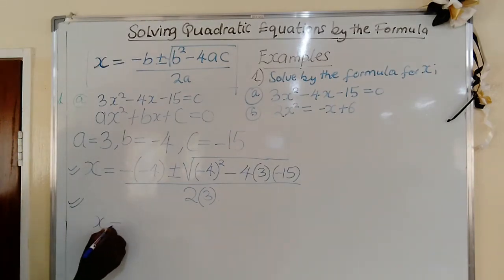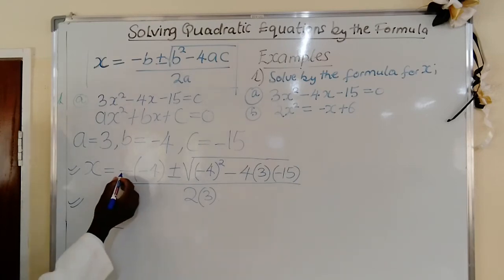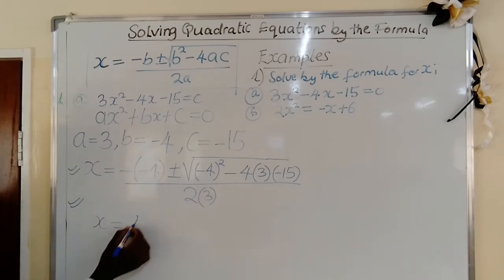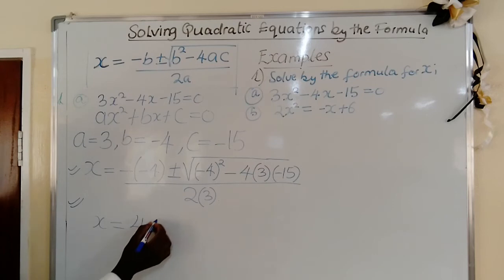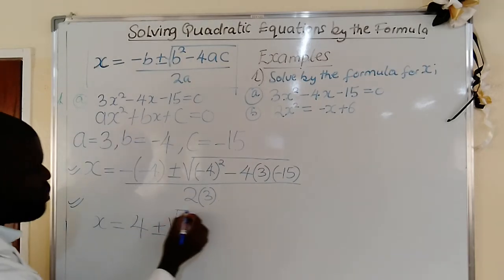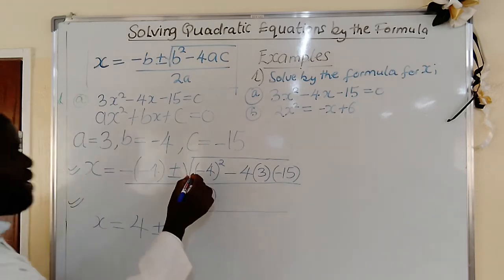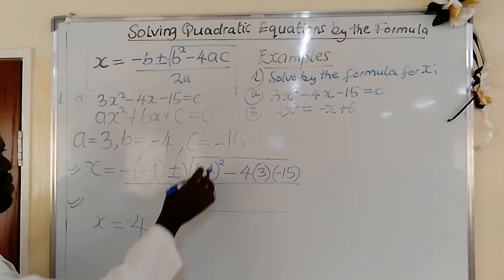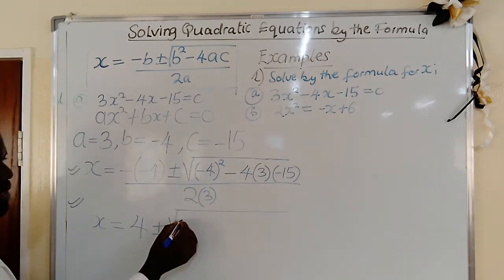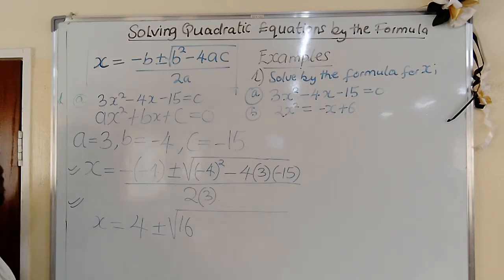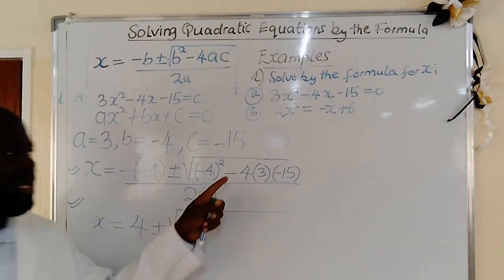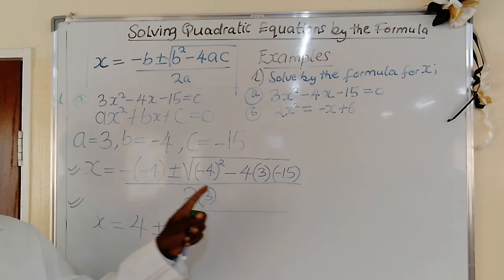Negative times negative 4, we shall get positive 4, plus or minus the root of negative 4 all to the power 2, we have positive 16. Now again here, you are supposed to be careful.